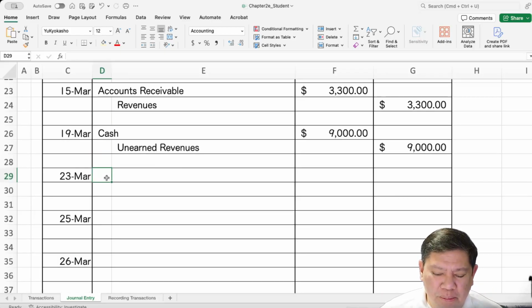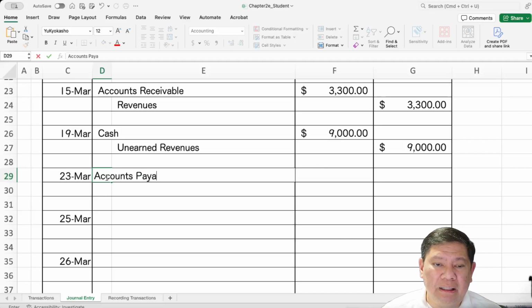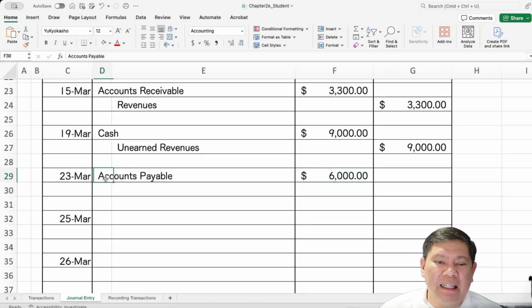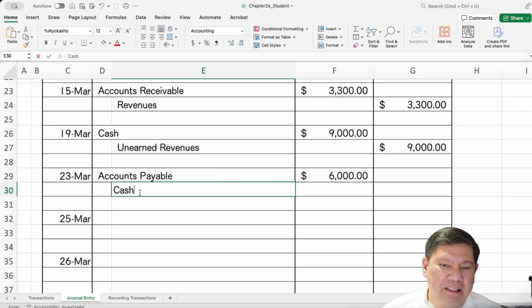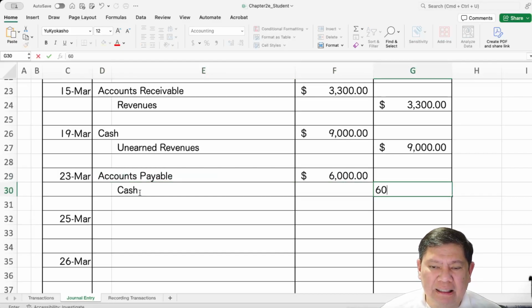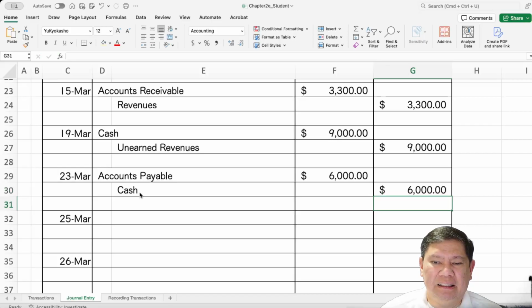So when the accounts payable are paid, we have to reduce it. Because accounts payable is a credit account, to reduce it, we put it on the debit side. Cash goes down by $6,000.